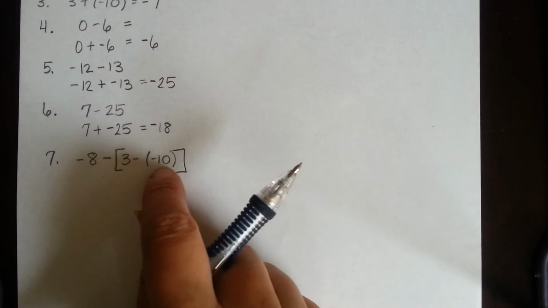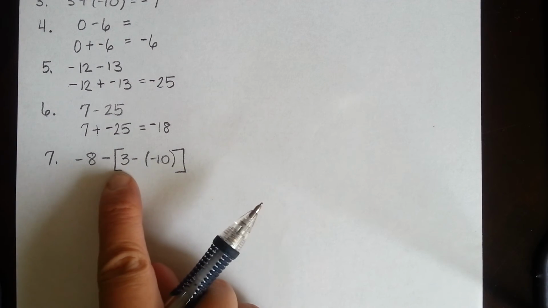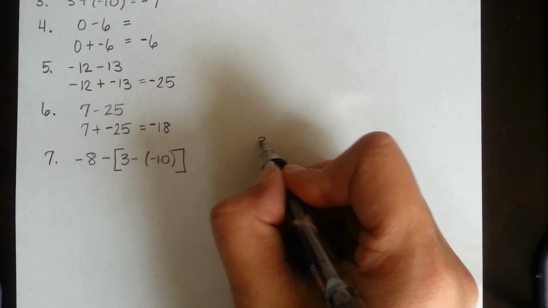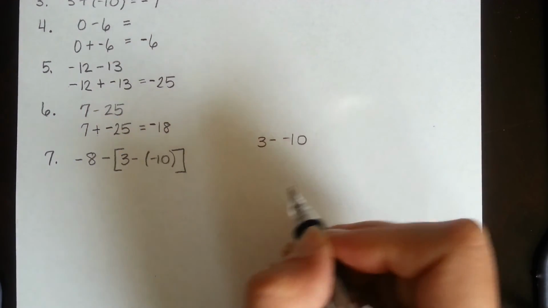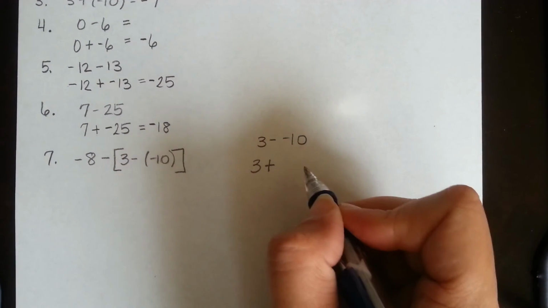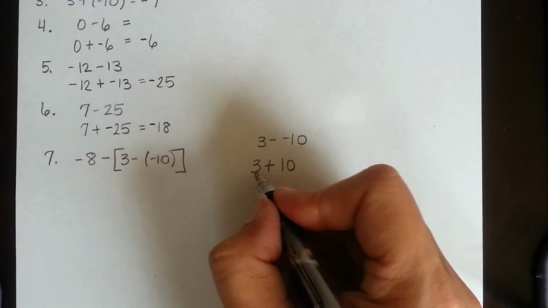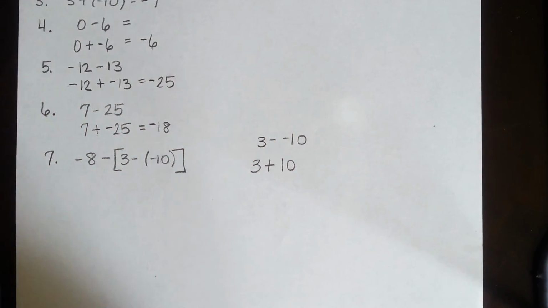So in parentheses here I can't do anything. It's just negative 10. But in brackets here I can simplify this part. So I'm looking at 3 minus negative 10. So I'll leave the first term alone, change from subtraction to addition, use the opposite of negative 10, which is positive 10. So 3 plus 10 would give me 13.